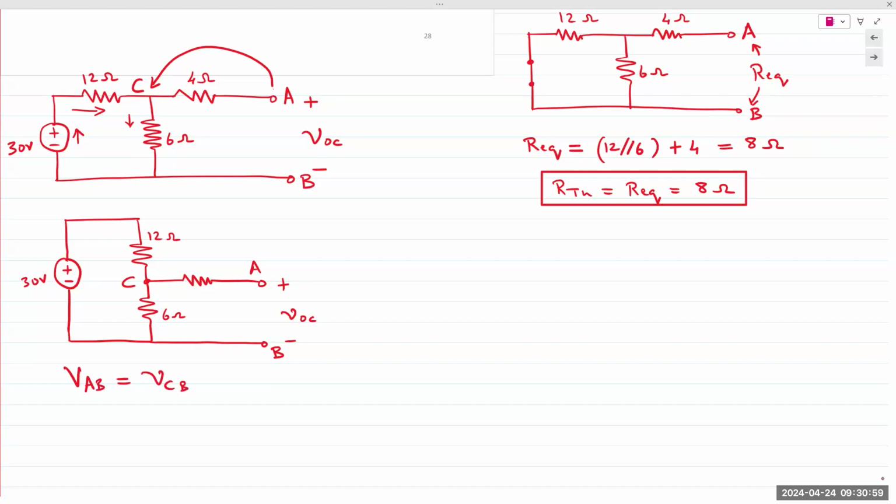And VCB can be given using voltage division: 30 times 6 divided by 12 plus 6, which is 18. And so the answer for this is 10 volts.